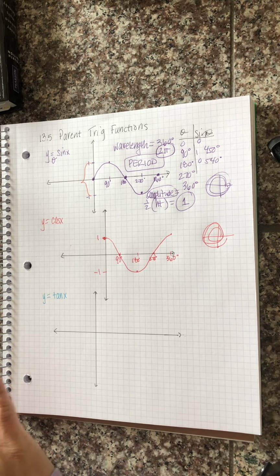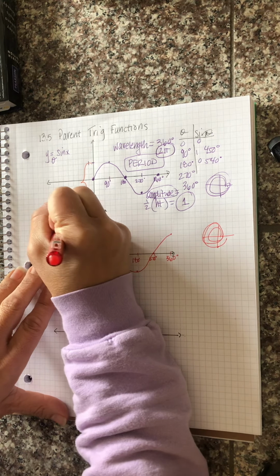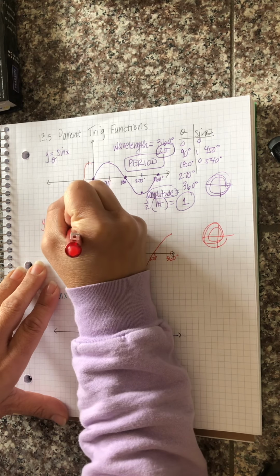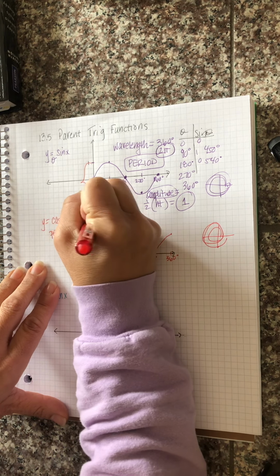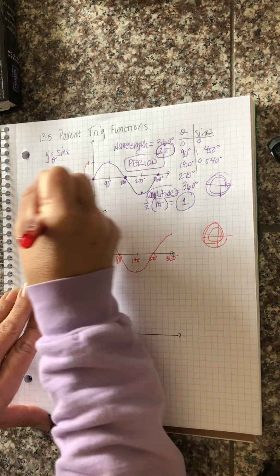There is your parent cosine curve. Period is 2 pi, 360. And the amplitude is 1.